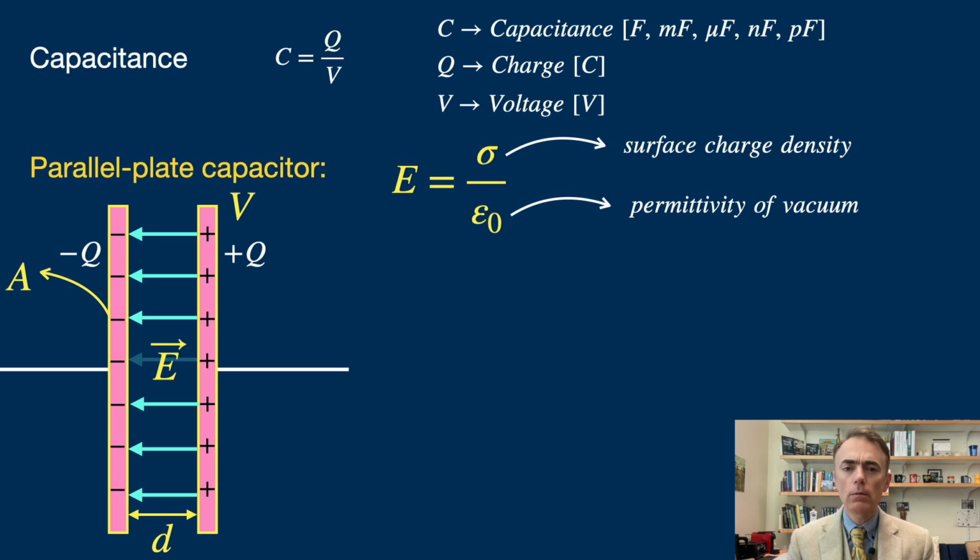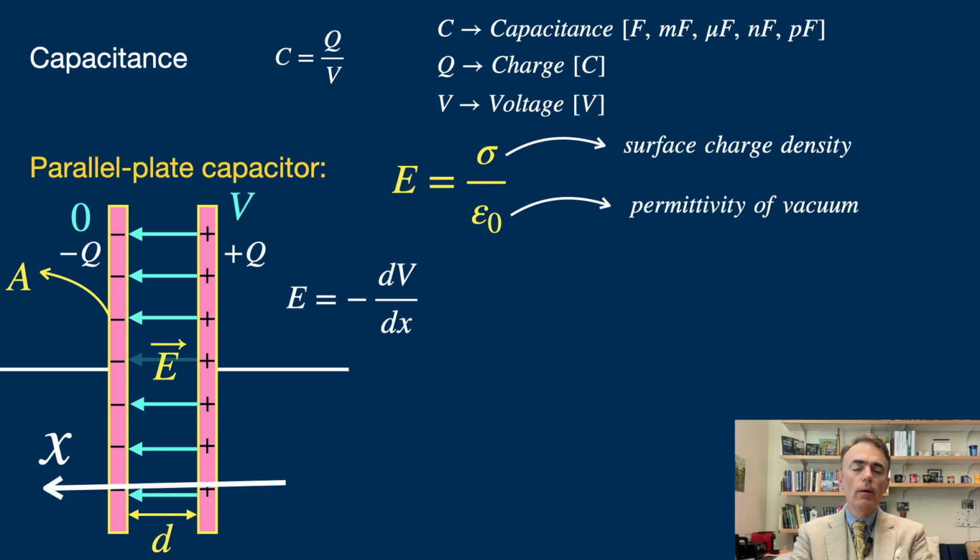Because the plates are metallic and each plate is at a different specific constant potential, let's say 0 and V, we can use the relationship between the electric field and the potential, that E is equal to minus the gradient of V. This is the derivative of V with respect to x.